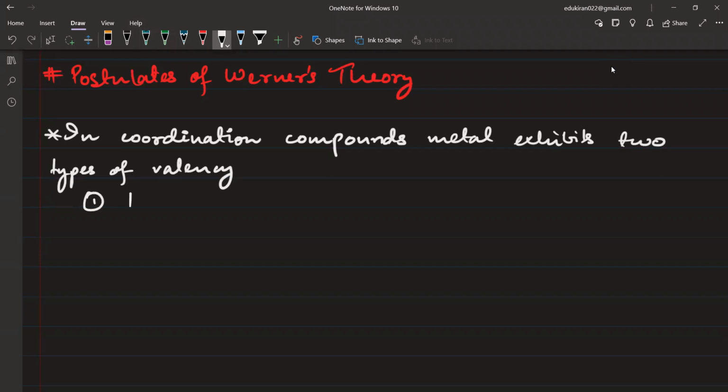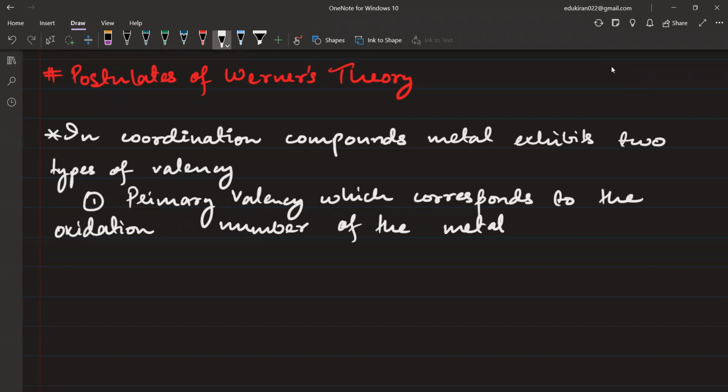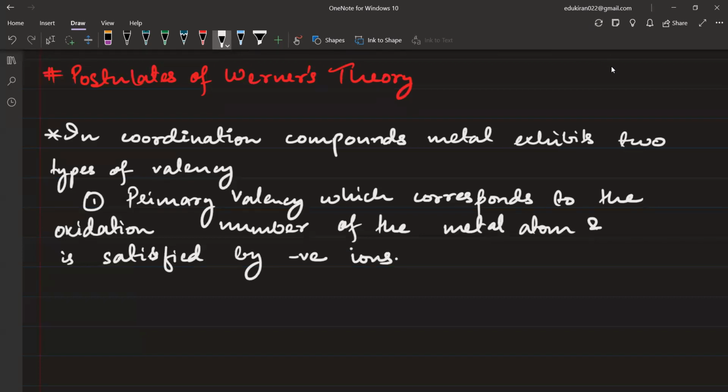Number one, primary valency, which corresponds to the oxidation number of the metal atom and is satisfied by negative ions.